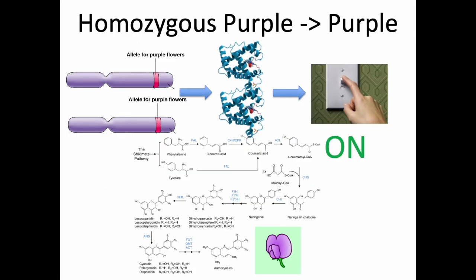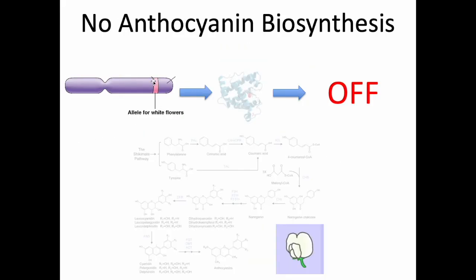So, what about the other allele? This is what the purple version of this gene does. What about the white version? Well, as it turns out, the white allele for this flower color gene encodes a defective protein. It's sort of like a broken blueprint that doesn't build what it's supposed to build. It doesn't really build anything at all.